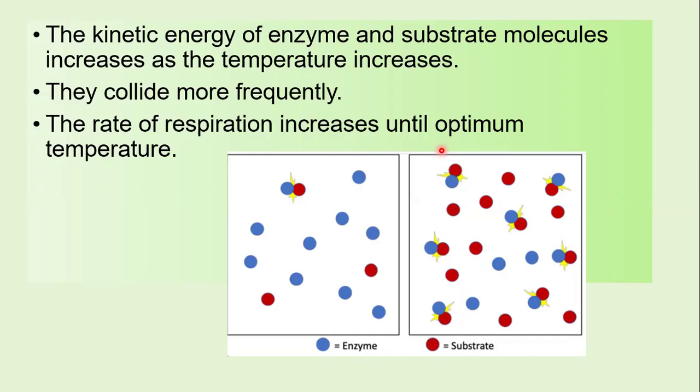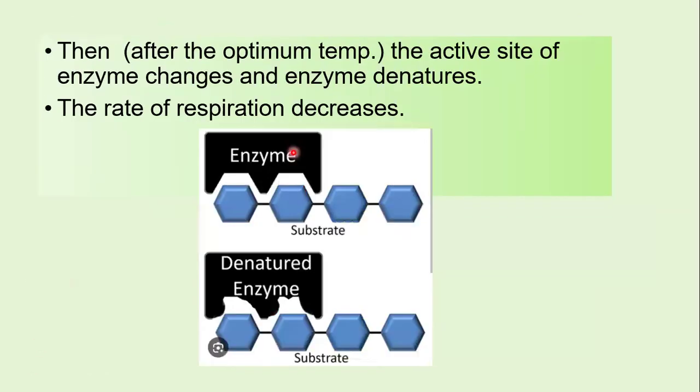When we increase the temperature above the optimum temperature of an enzyme, this enzyme is going to denature. As a result, the active site of this enzyme is going to change, and the enzyme is going to denature.